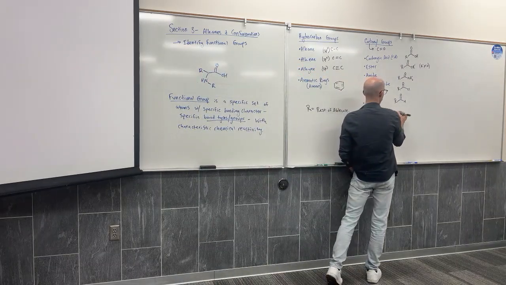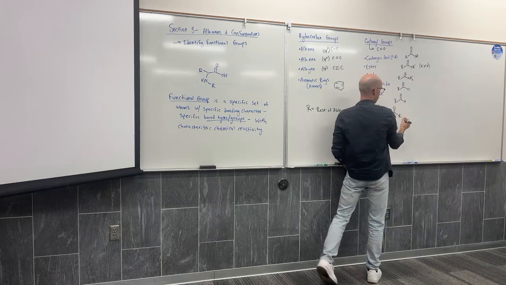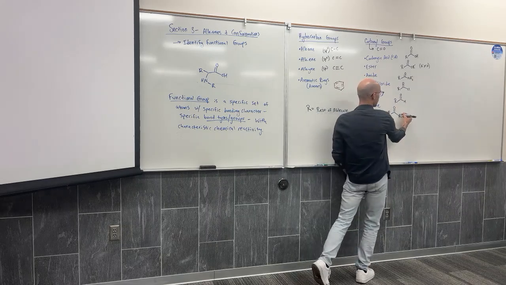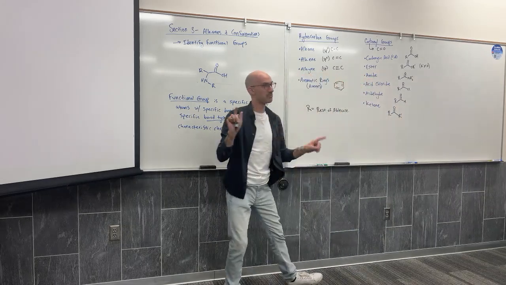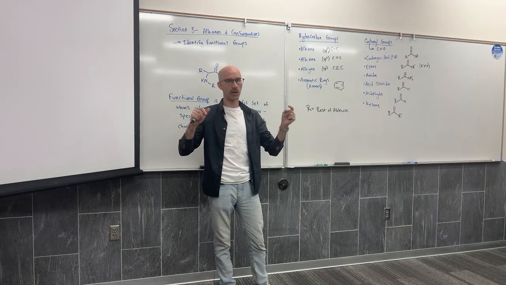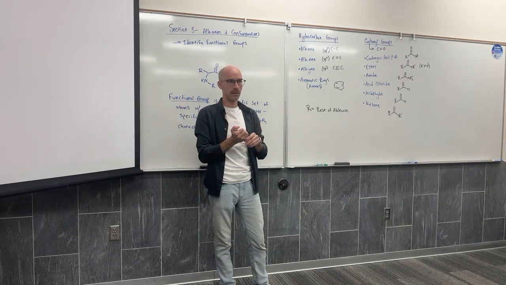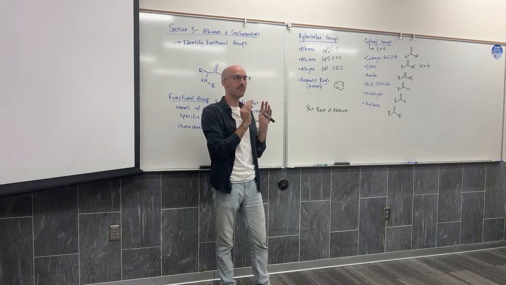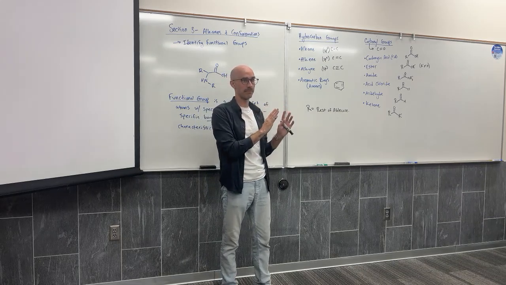And then a ketone, an R group on both sides. And again, we can designate these do not have to be the same R group. So we can say R and R prime. Okay, this is the most generic form.